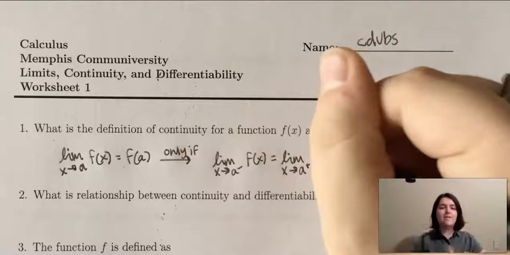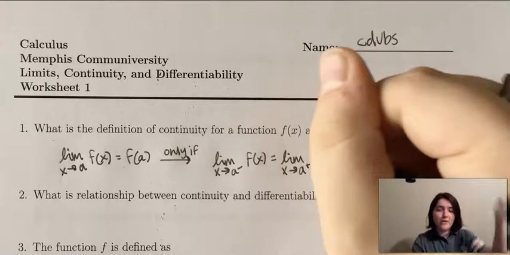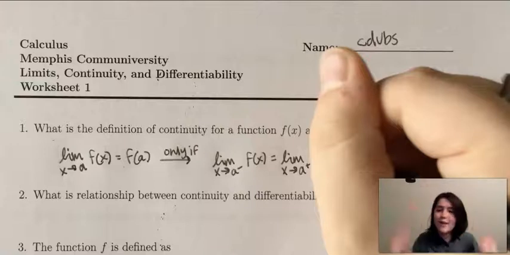If your a in the situation is 1, then you have to look at the graph approaching from the left side and from the right side because they might be going different ways. Right here, this negative sign is implying the left side. So this is the limit from the left.